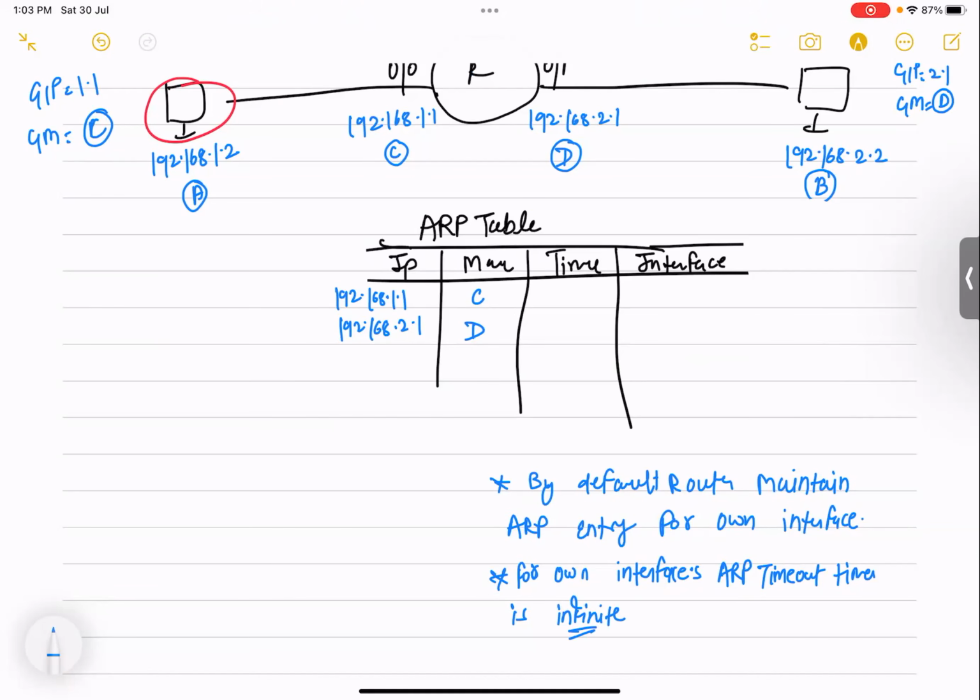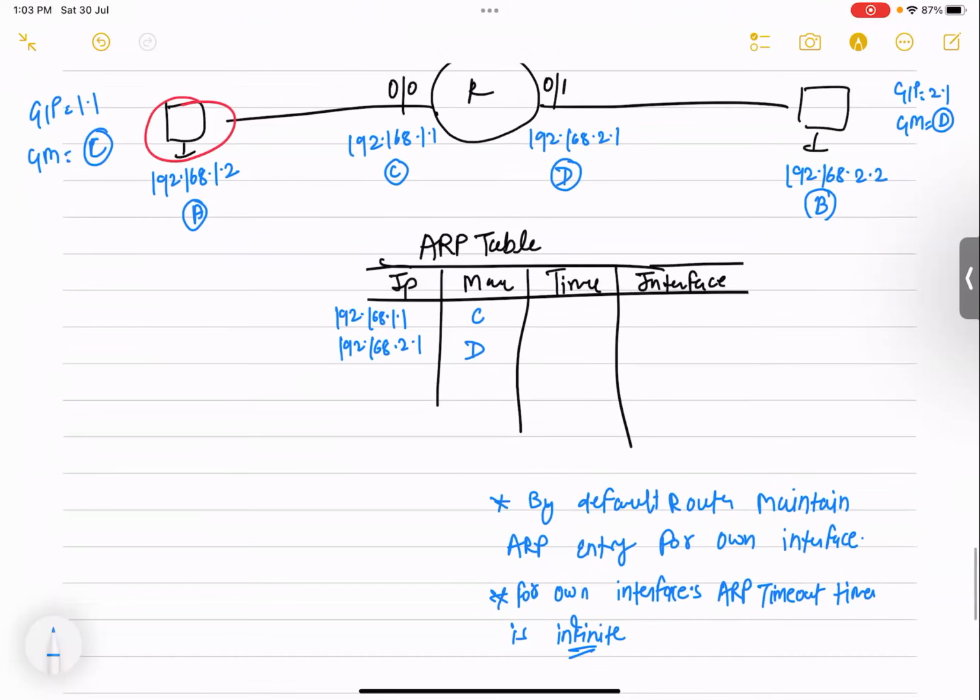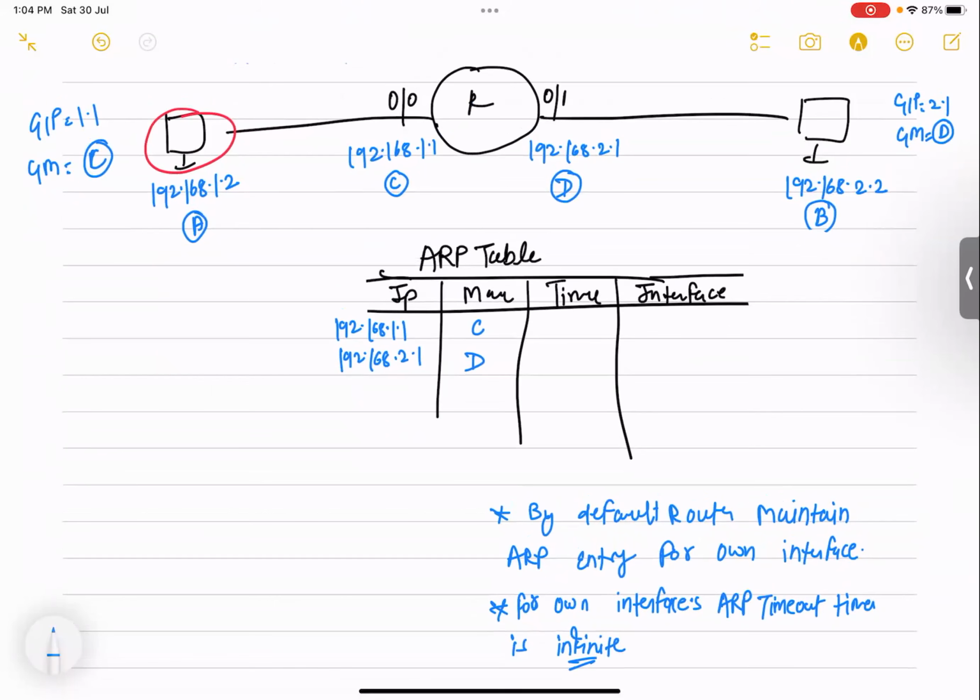Infinite means the entry will not be deleted automatically. So how to represent infinite? With the symbol of which one? Hyphen. Okay. You can say minus also.